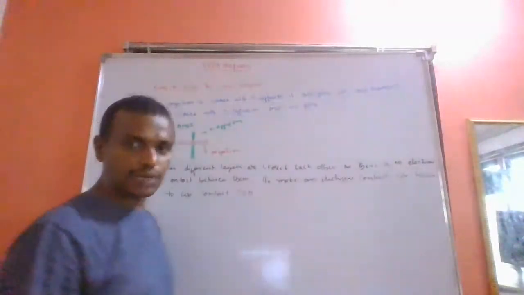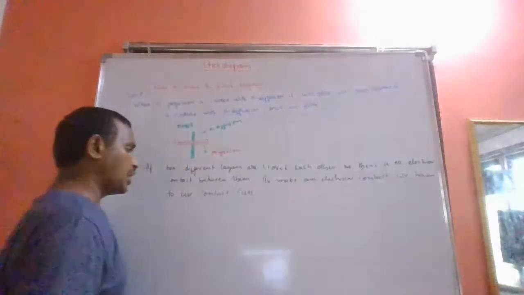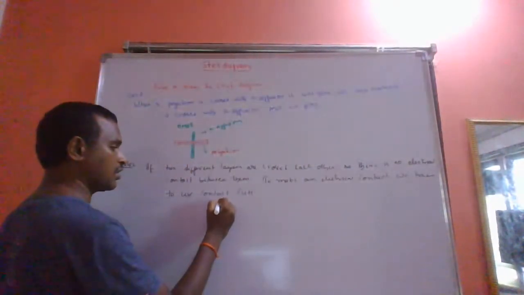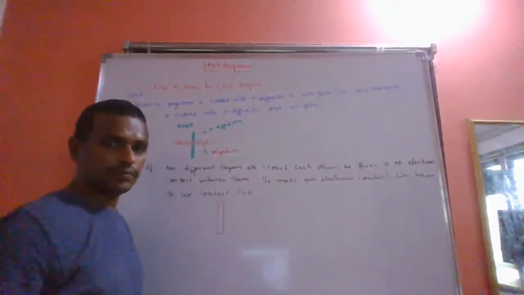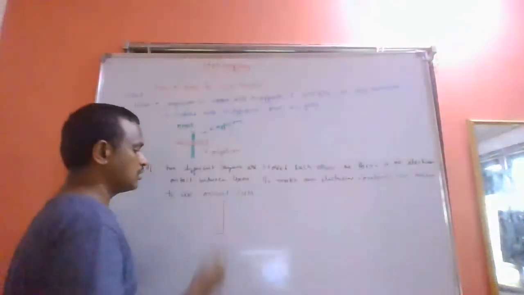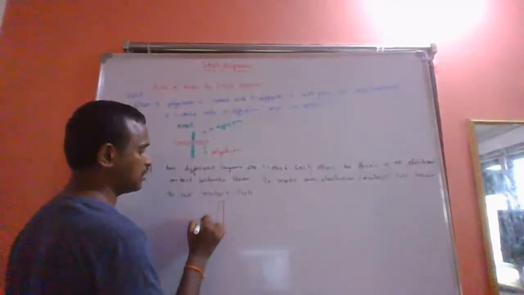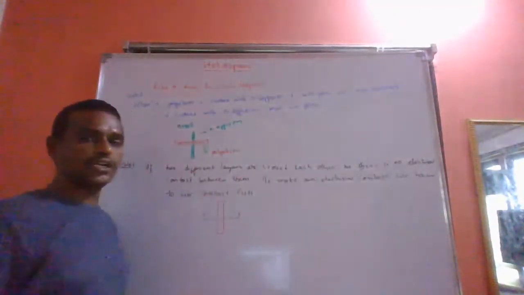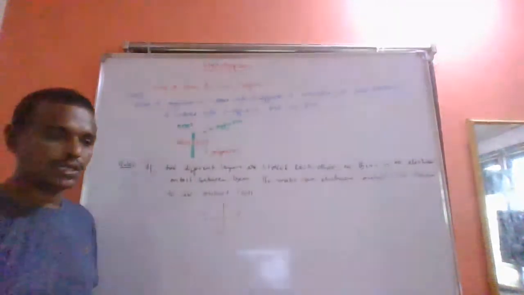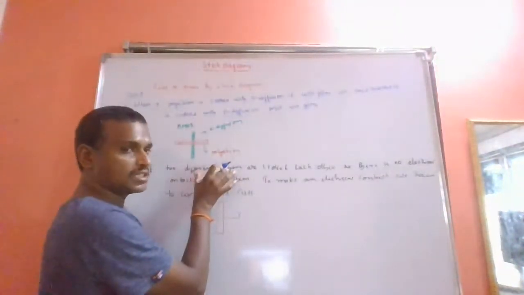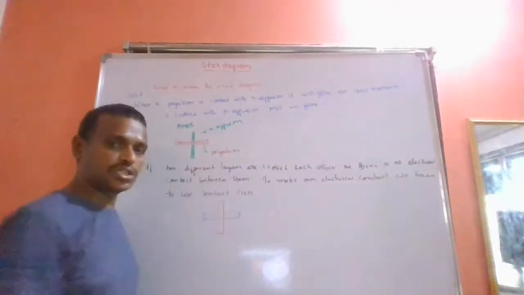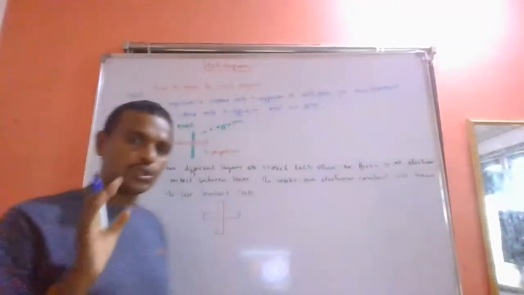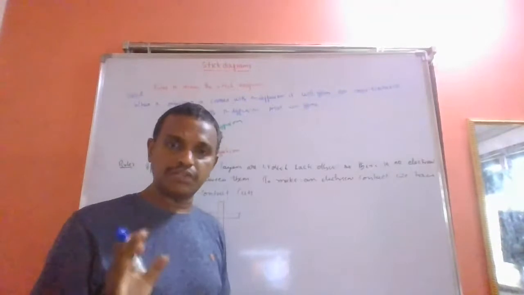I will consider one polysilicon, and it is crossed with a metal. Is there any electrical connection? No, because rule 2 indicates that when two different layers are crossed with each other, there is no electrical contact established between them.